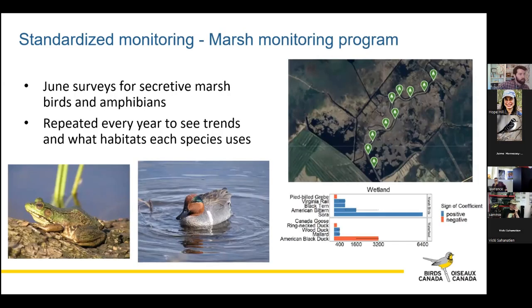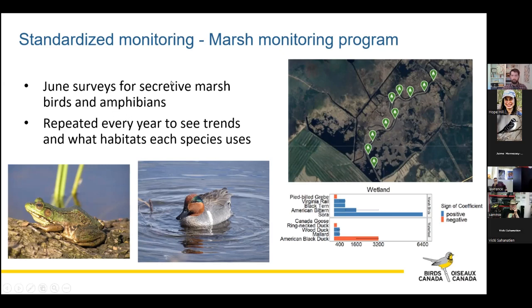An example of a protocol that Birds Canada runs, and it's both a citizen science program but also done by biologists, is the Marsh Monitoring Program. And so this uses point counts in marsh ecosystems. They're done twice a year at the same series of points along a route through a wetland.